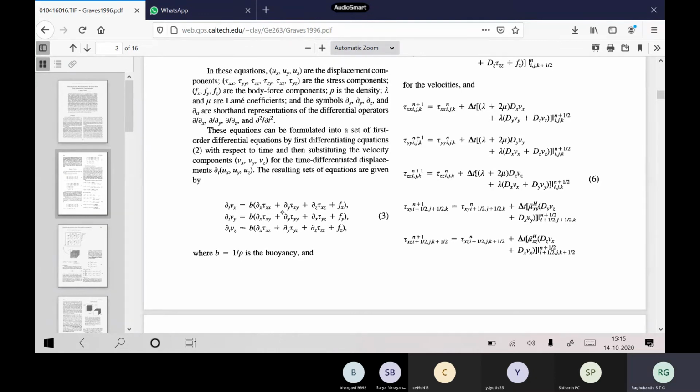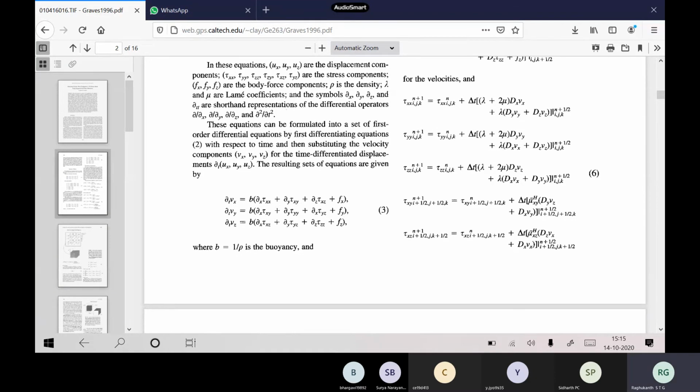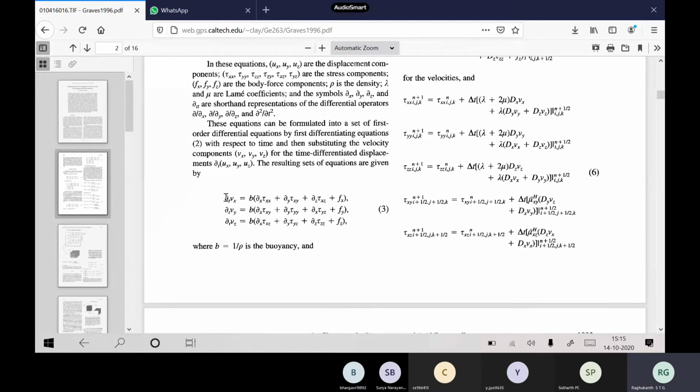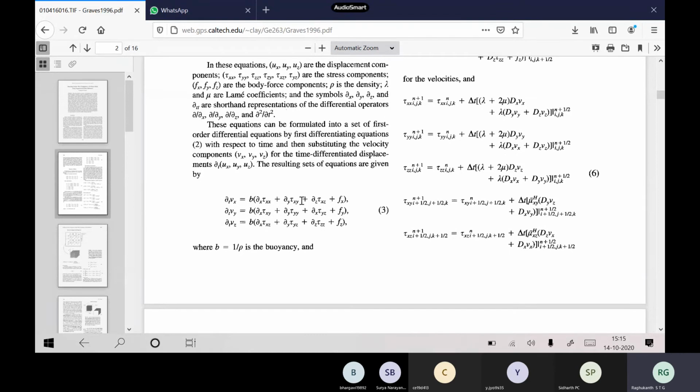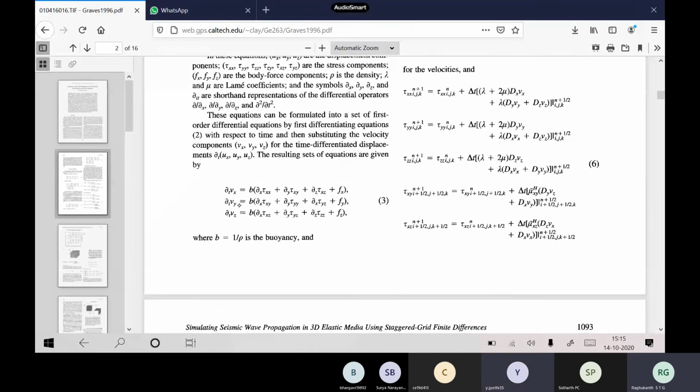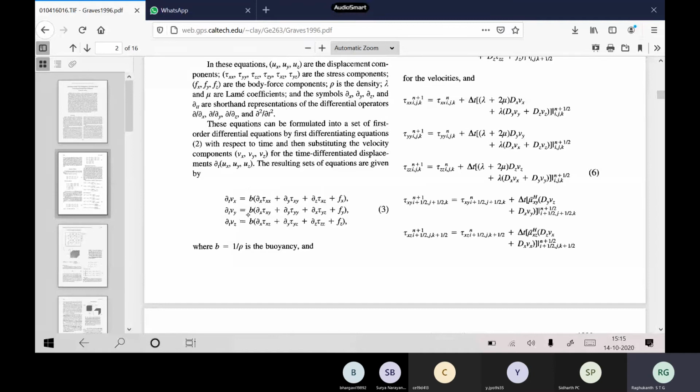See here the derivative of tau xy, so what is the derivative here? You see the first equation. What is the first equation which you are having here? So now the time derivative of velocity in x direction should be the same, at the point where you are computing, as the spatial derivative of tau xx, then the spatial derivative of tau xy with respect to y, and the spatial derivative of tau xz with respect to z, you followed, right?